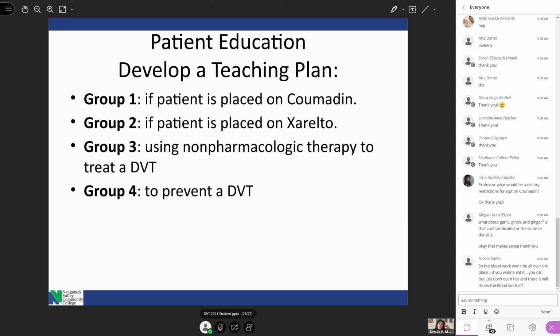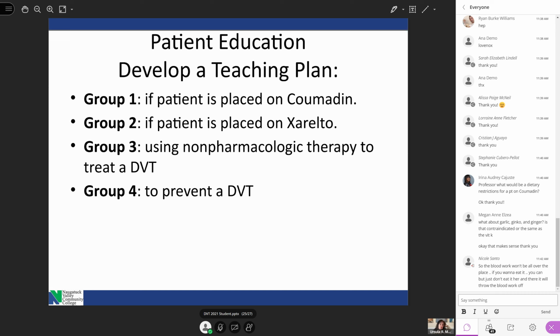You have to go every so often to get blood work drawn, because some people don't bring it up to their provider, and then it's dangerous. So absolutely bring it up to your provider to make sure that this is not affecting your new diet. Like all of a sudden you want to start getting healthy, you want to tell your doctor, because it can change the amount of Coumadin that you're on.